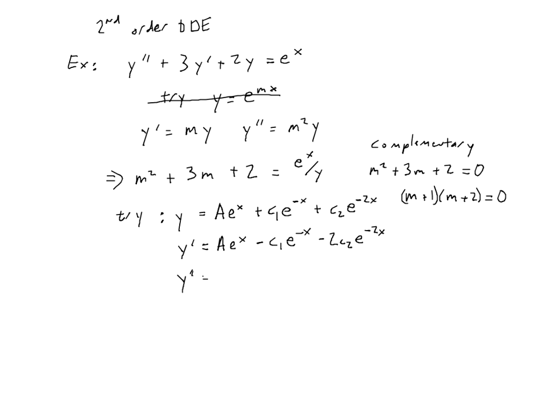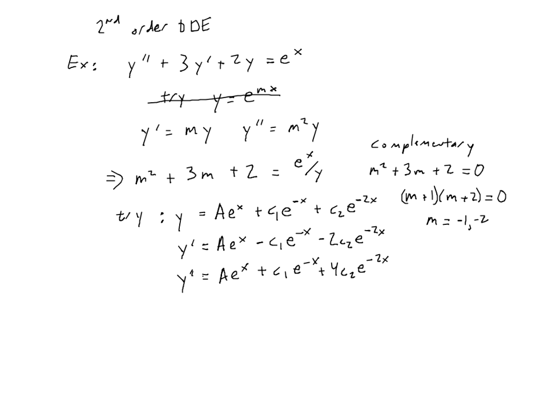And we have y double prime, which is a e to the x plus c1 e to the minus x plus 4 c2 e to the minus 2x. Okay, so this gave us m equals minus 1, minus 2.